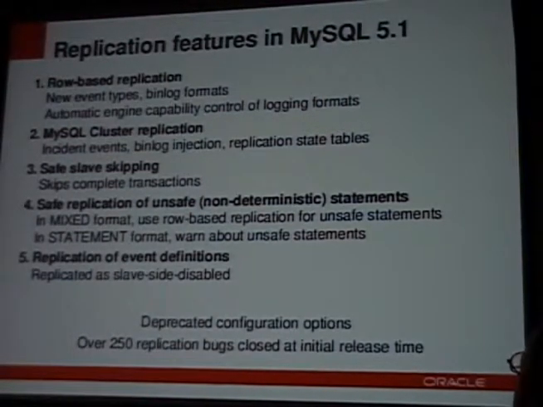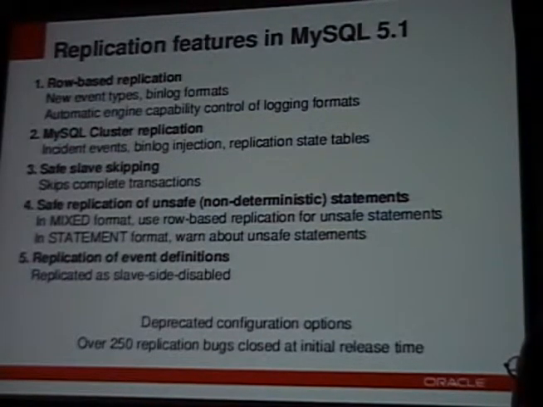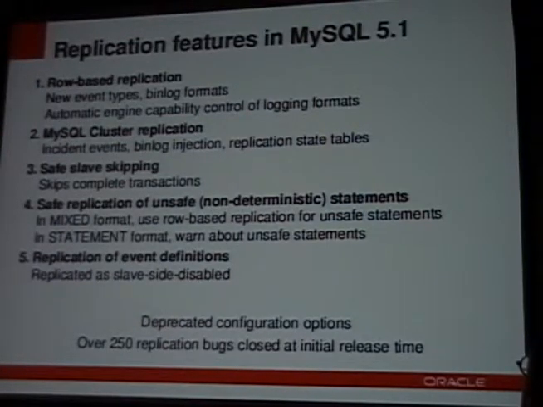We have safe replication of unsafe statements, so non-deterministic statements. There are a few statements that can generate different results depending on the context or when you execute them. And what we introduced in 5.1, if you use mixed mode, is that it automatically switches to row-based format.